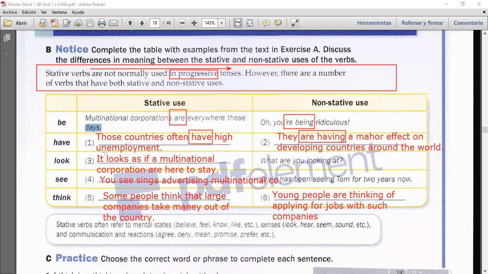Here we have look as a stative verb. And here, what are you looking at? Progressive. At that moment, the action is happening.